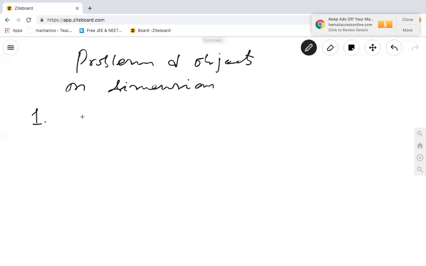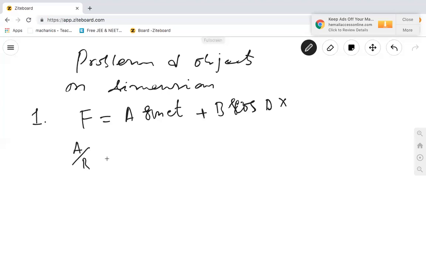Now, here, first question, F is equal to A sine CT plus B cos dx. Find dimensions of A by B and C by D. Please tell me what are the dimensions of CT.